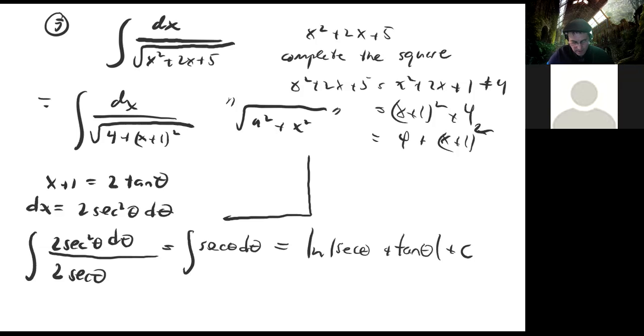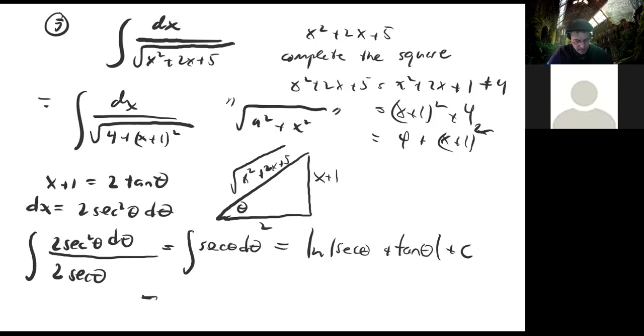Finally, we need to convert this back to the x variable. We know that x plus 1 is 2 tangent theta, so (x plus 1) over 2 is tangent theta. So the hypotenuse would be the square root of the sum of the squares, which turns out to be the original expression in the square root, x squared plus 2x plus 5.